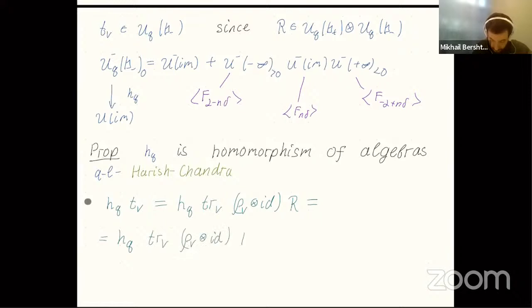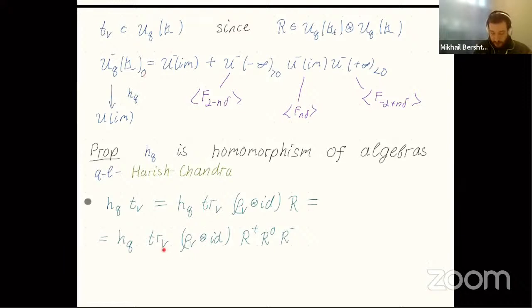Now we substitute the triangle decomposition for the universal matrix, R plus, R0, R minus. Actually here I should say why I am sure that I can apply H_Q, that I indeed obtain an element of zero weight.